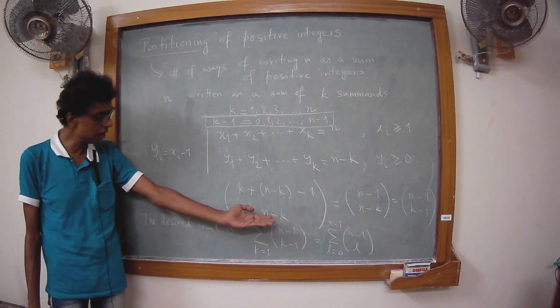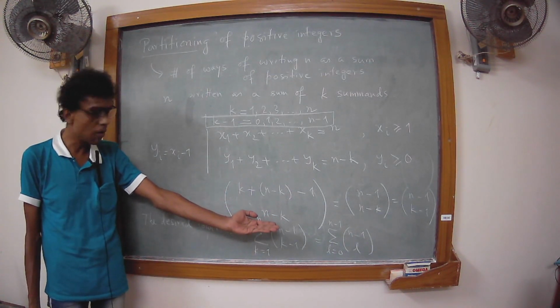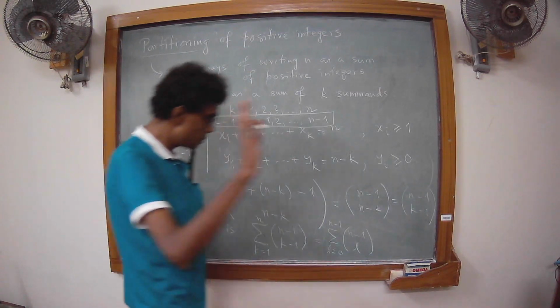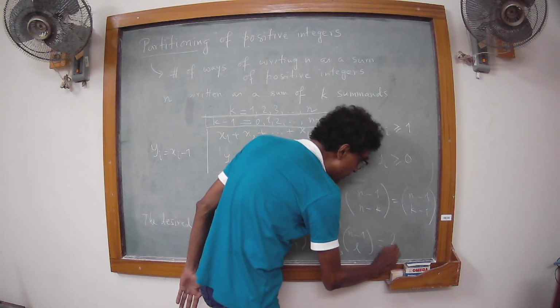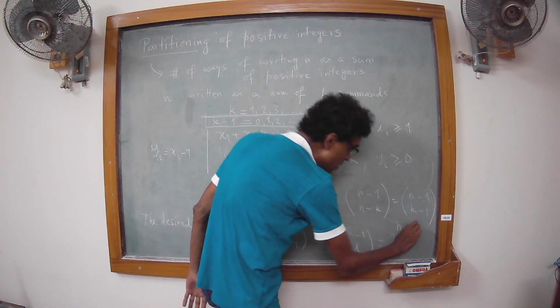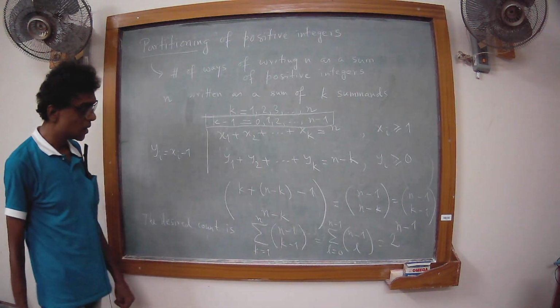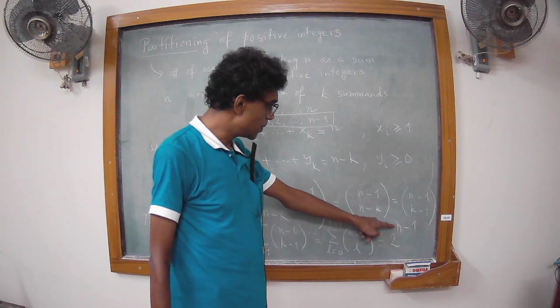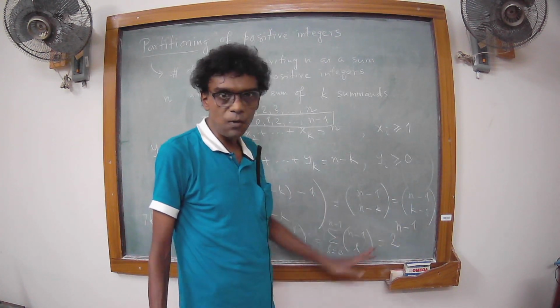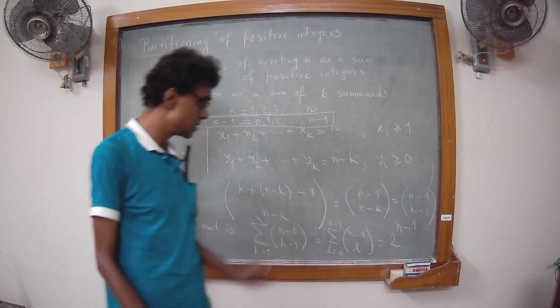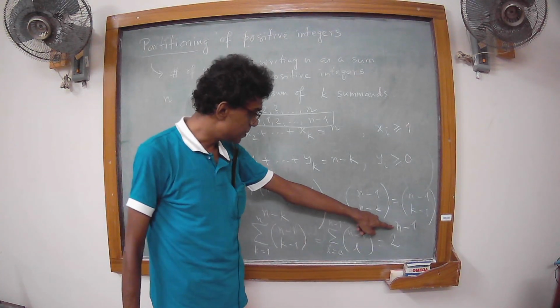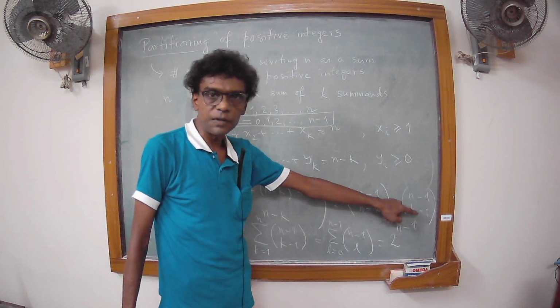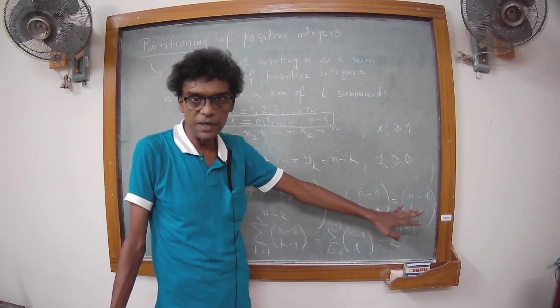It is going to be 2 power n minus 1. So recall that we showed an example for n equal to 4 and the count came to 8. That is the same as 2 power 4 minus 1, that is 2 power 3, which is 8, as it should be.